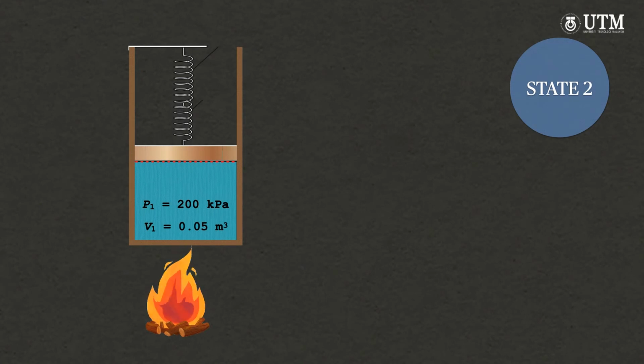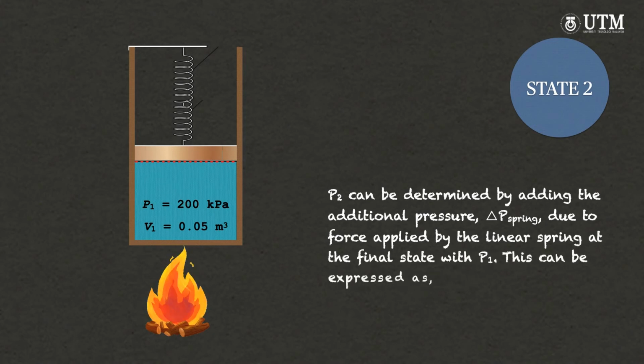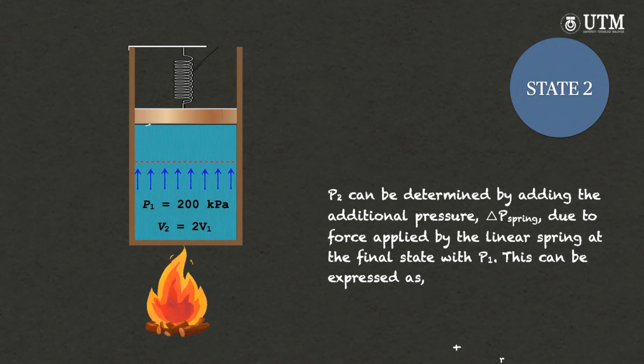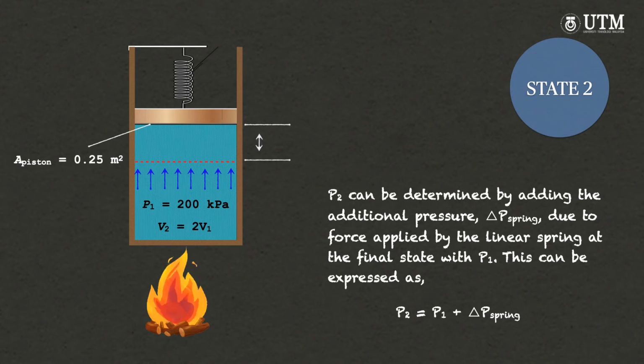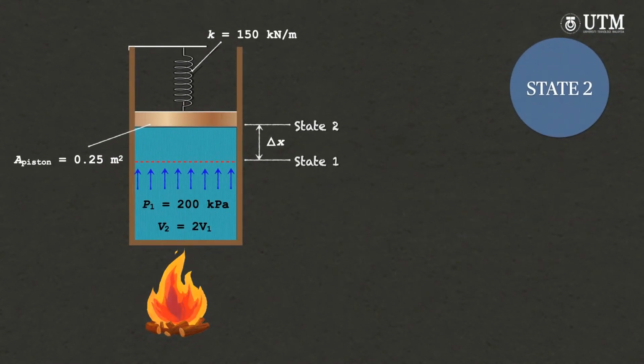P2 can be determined by adding the additional pressure to P1. The additional pressure is due to the force applied by the linear spring at the final state. This can be expressed as in the given form. The additional pressure applied to the gas at this state is as shown here.